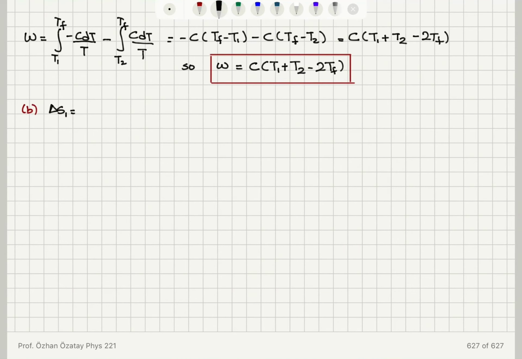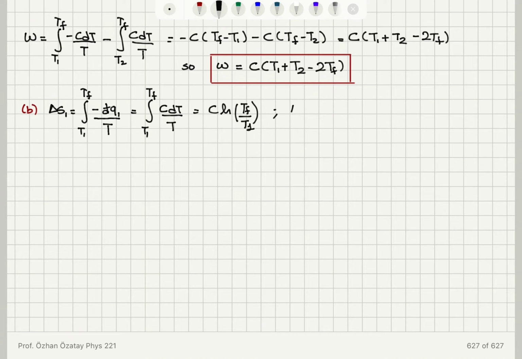So it is the integral from T1 to T final of minus d bar q1 divided by T, because minus d bar q1 would be the one that is absorbed. So this would be equal to the integral from T1 to T final of plus CdT over T, which is C natural logarithm T final over T1.